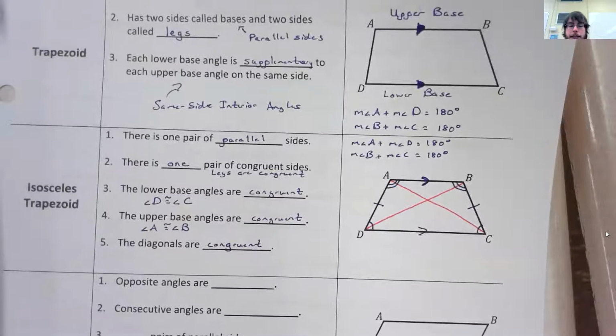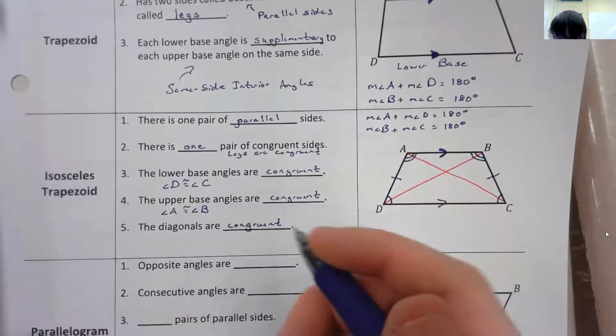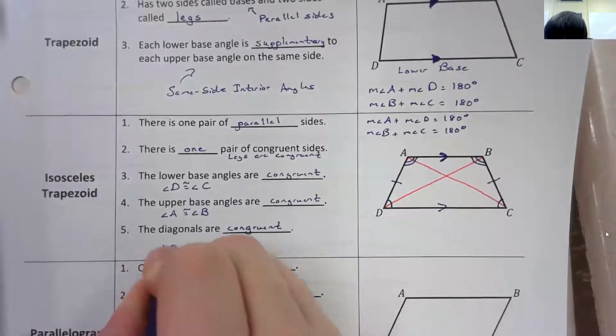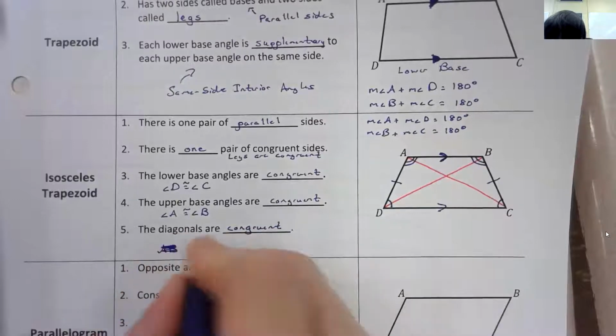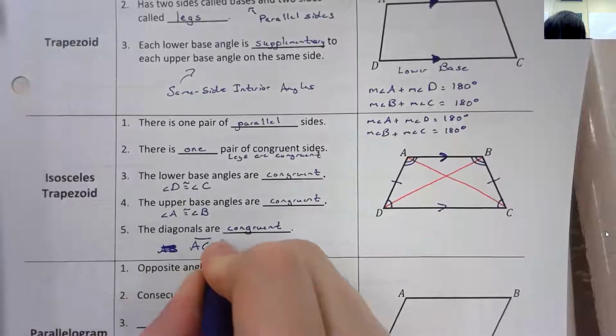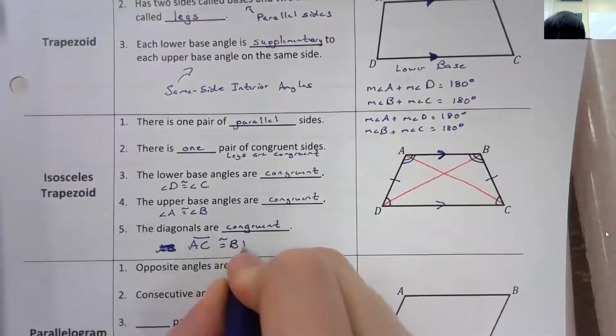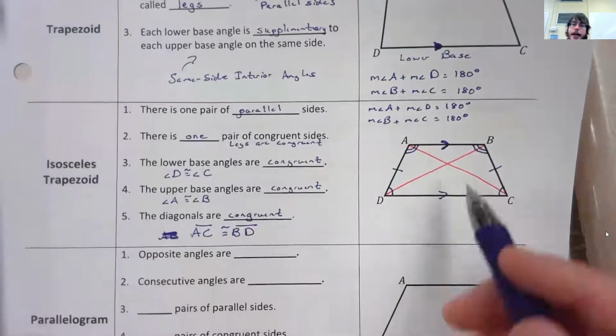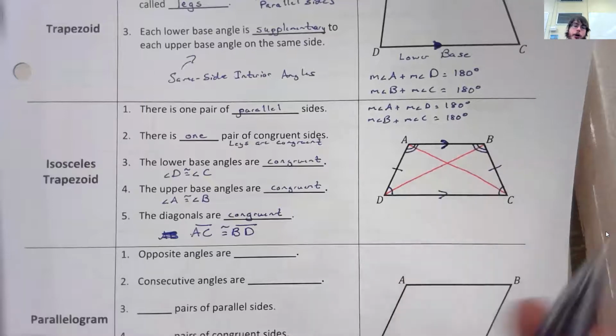Those two red lines there are congruent. So AC is congruent to BD. So the lengths of those diagonals are congruent.